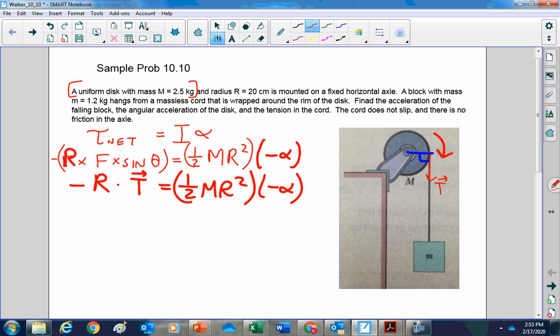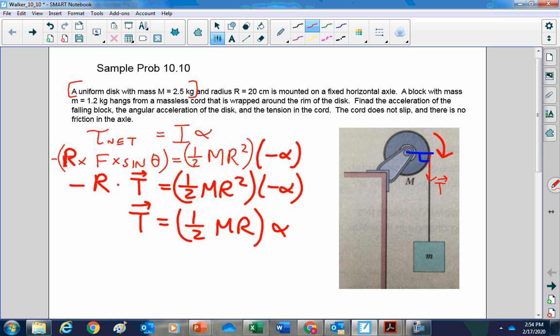Okay, so I have two unknowns. I do know R and I know mass, I'm not going to plug them in yet. But if I could get an equation for T, let's just divide both sides by negative R. So then I'll have 1/2 R, which gets rid of one of these R's, times alpha.